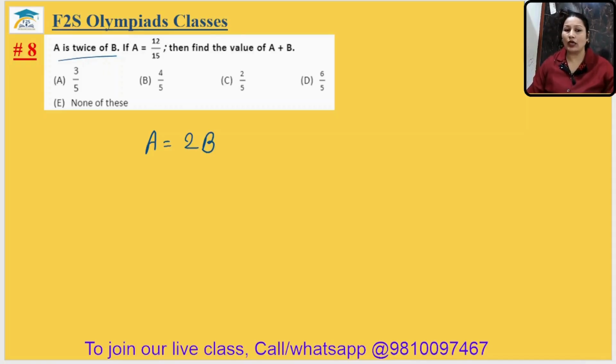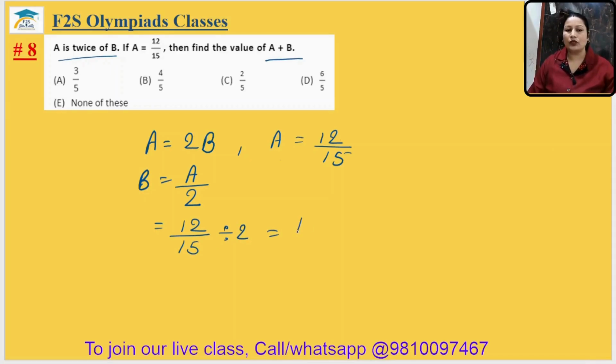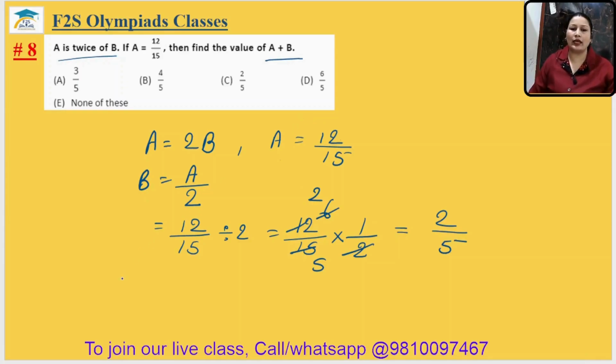If A is 12/15, then find the value of A plus B. A is 12/15, so what will B be here? B equal to A divided by 2, right? A is 12/15 divided by 2, equal to 12/15 multiplied by 1/2. 2 6s are 12, and 3 2s are 6, 3 5s are 15. So 2/5.